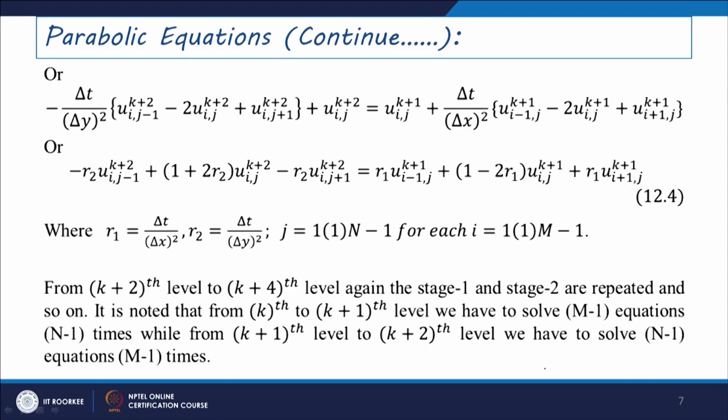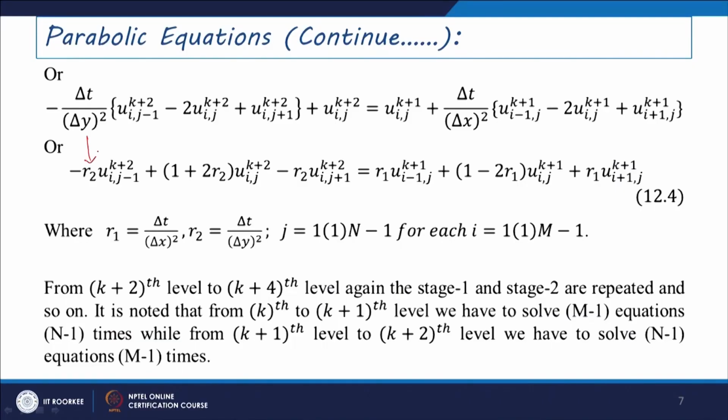Which is in the form of uij k plus 1 plus del t by del x square times ui minus 1 j to the power k plus 1 minus 2 uij k plus 1 plus ui plus 1 j k plus 1. If we put R1 as del t by del x square and R2 as del t by del y square, for j varying from 1 to n minus 1 and i varying from 1 to m minus 1, then we can write the coefficients like minus R2 uij minus 1, then this minus sign multiplied with minus 2 gives 2R2, and one term comes from here.